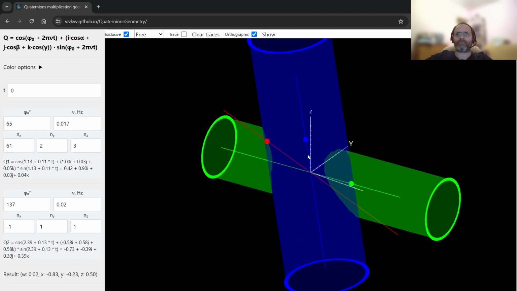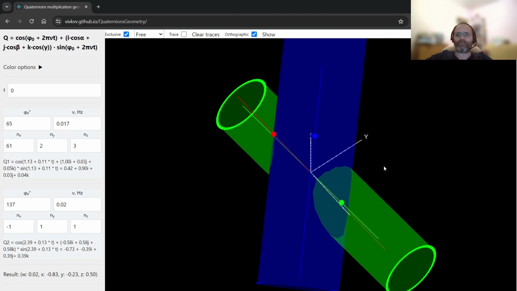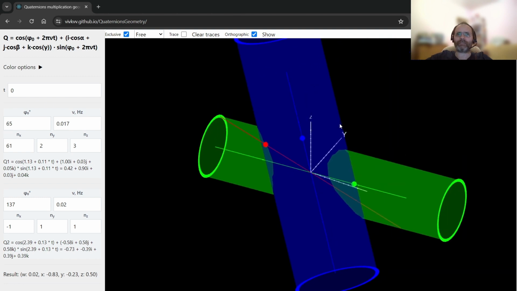Its axis is taken, and the distance from the first quaternion to the axis of the second will be the radius of the second cylinder. Now, the wonderful thing is that the resulting quaternion, red, always lies on the surface of one cylinder and on the surface of the other. So, it lies on each of them, therefore, on the line of their intersection.